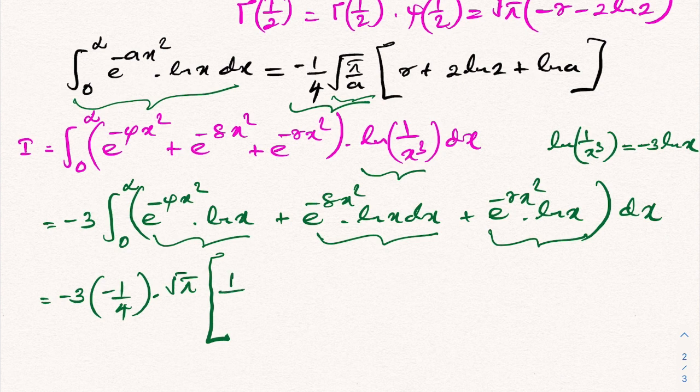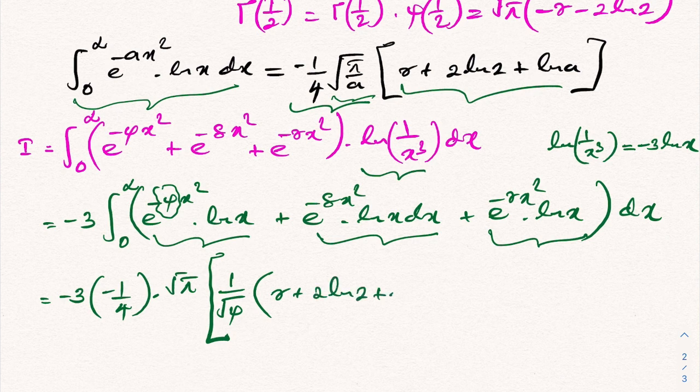Now instead of a we have the golden ratio phi, so square root of phi times gamma plus 2 times natural log of 2 plus natural log of phi.